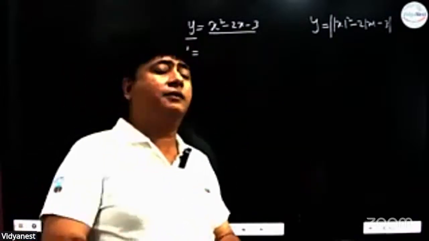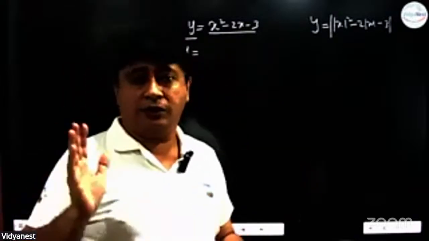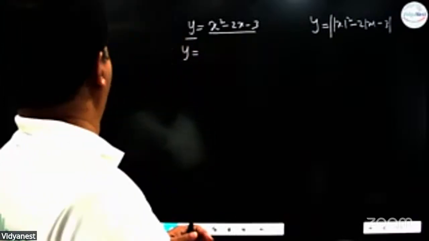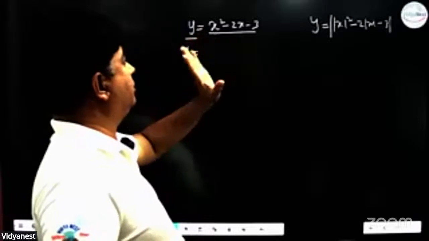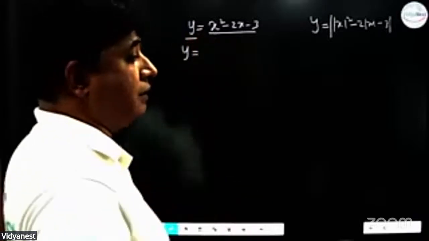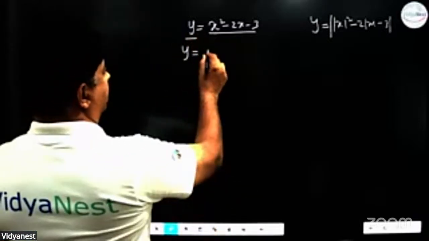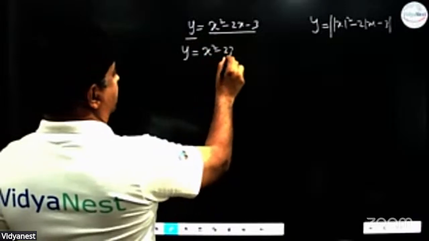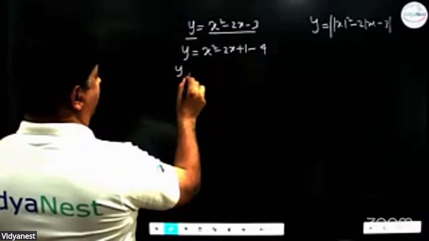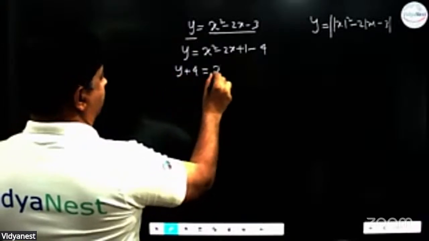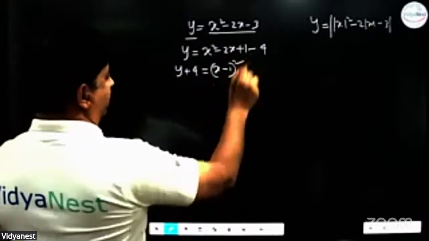But differentiation is not done in class 11, and you will get that chapter later. So first you do it by your basic level perception of quadratics. X square minus 2x plus 1 minus 4, bring 4 to the left hand side: y plus 4 equals x minus 1 whole square.